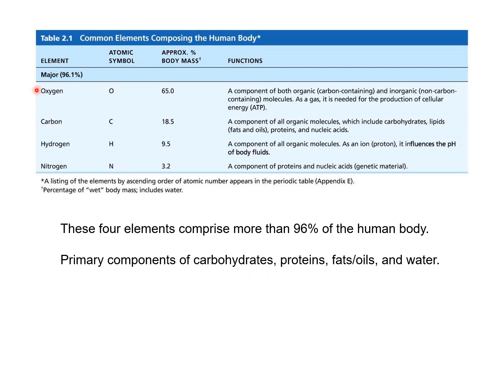So these 4 elements making up 96% of the human body reflects the fact that they are the major components in these nutrients. Now, I want you to know that these 4 elements make up 96% of the human body. You are required to know that.